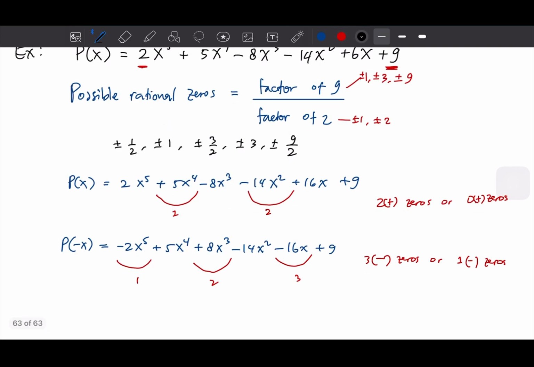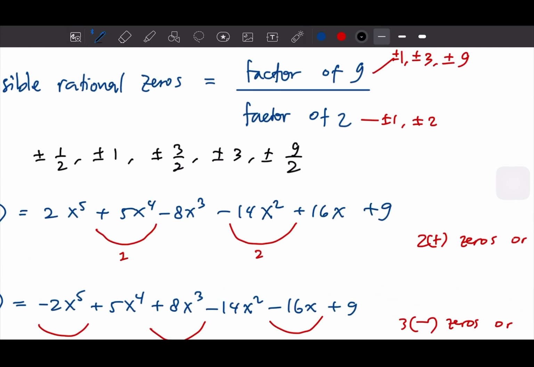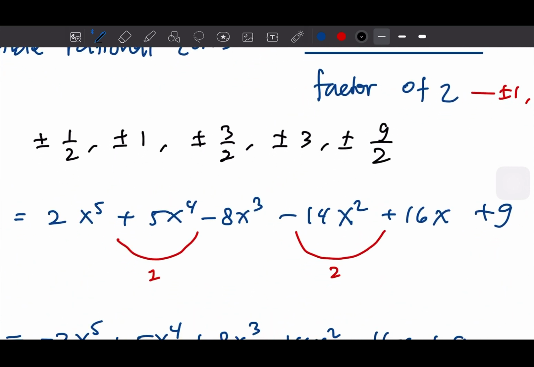So with the Descartes rule for variation of signs, for example here, we have 1, 2, so 2 variations of signs. Every time we need to subtract an even number, 2. So we could have 2 positive zeros or 0 positive zeros.